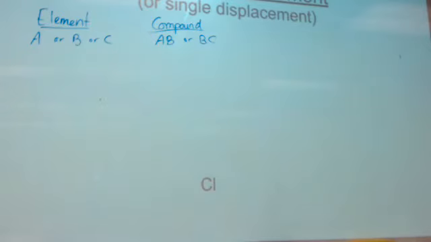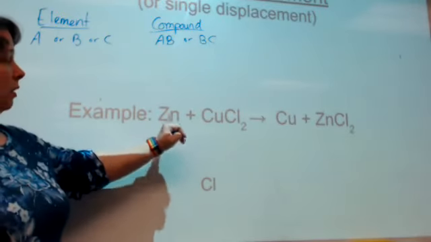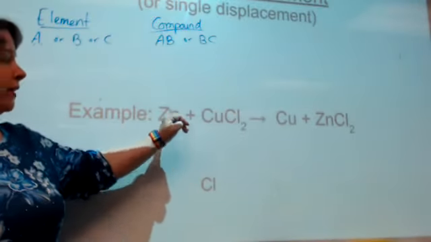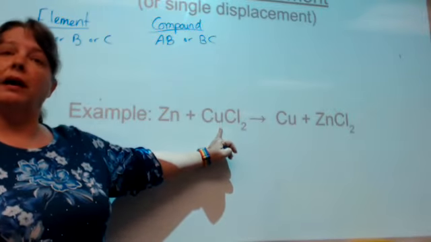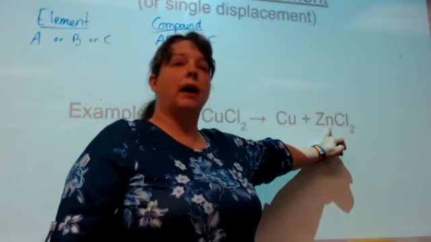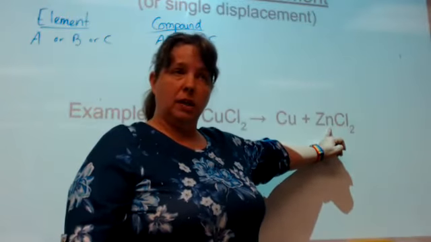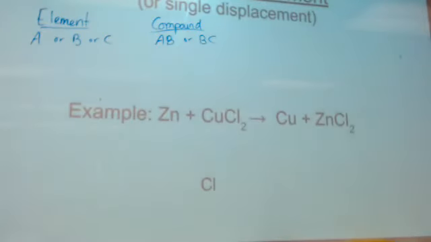In a single replacement reaction, here is an example. Notice we have an element and a compound on the reactant side, and an element and a compound on the product side. That is a single replacement reaction.